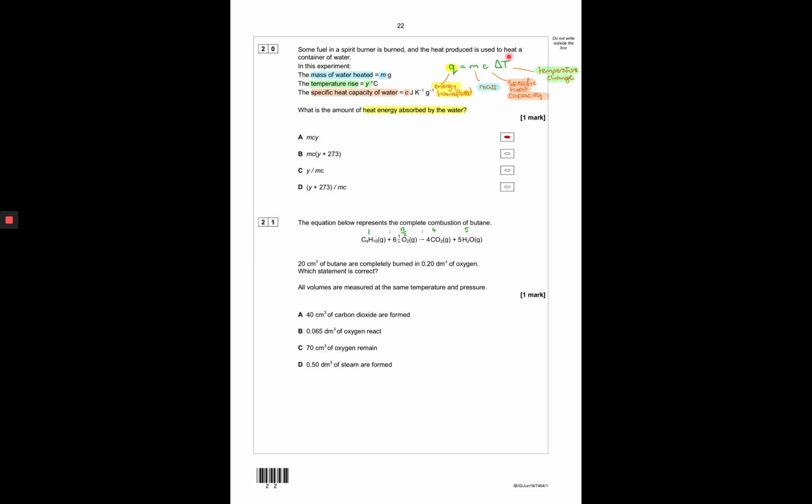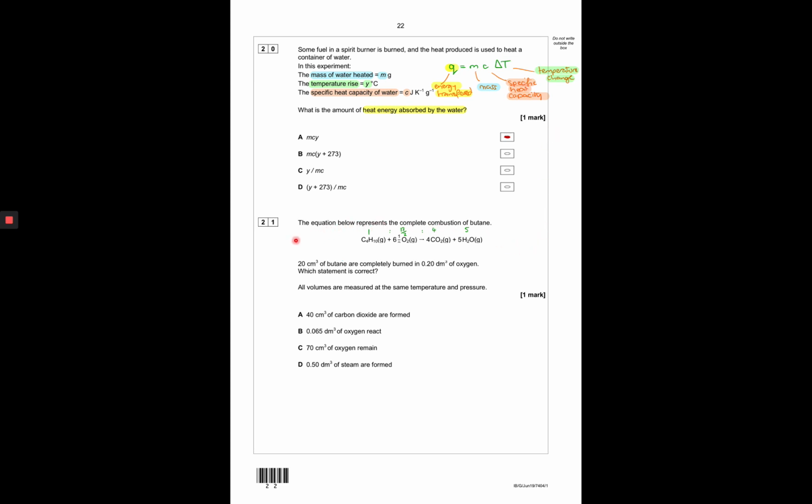But a change in degrees Celsius is the same as a change in Kelvin. So if I go from 20 degrees Celsius to 40 degrees Celsius, that's a change of 20 degrees, but it's also a change of 20 Kelvin. It's the same as going from 293 to 313. So the change is 20.